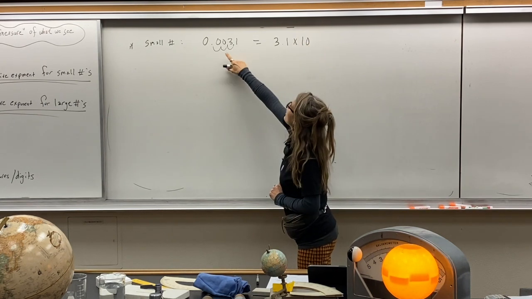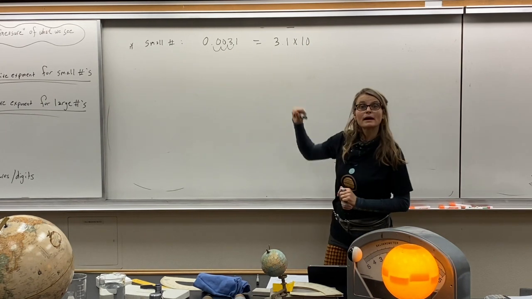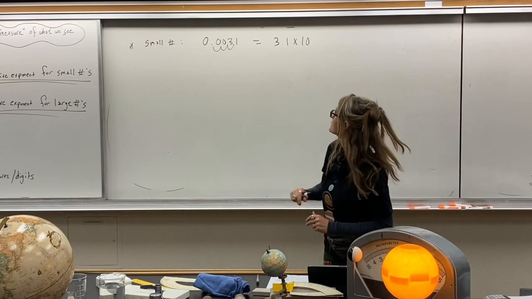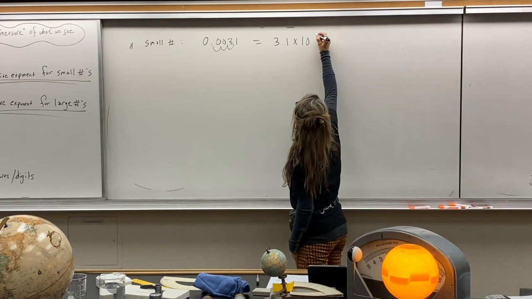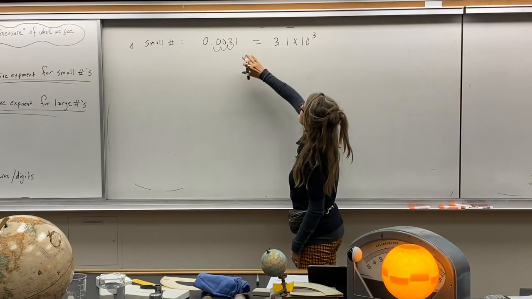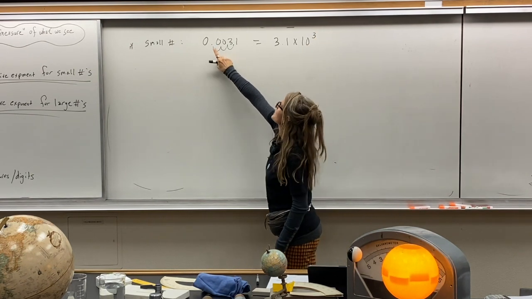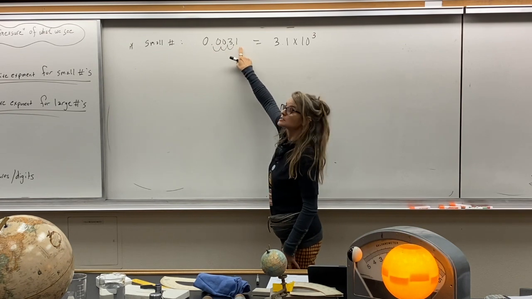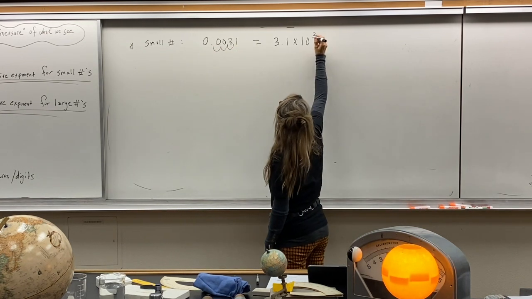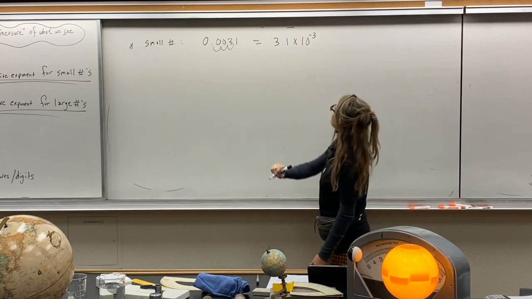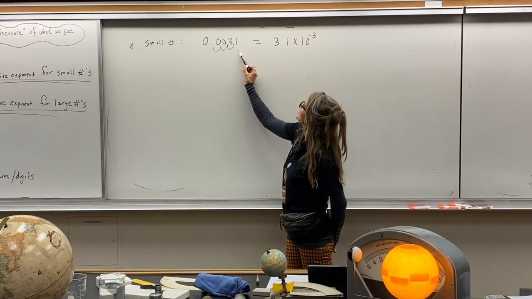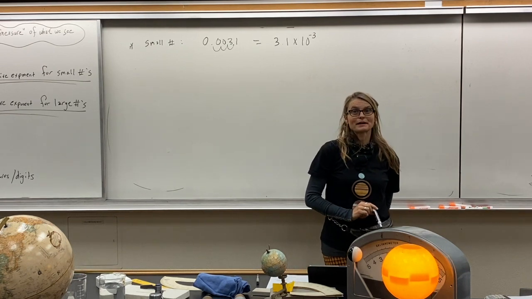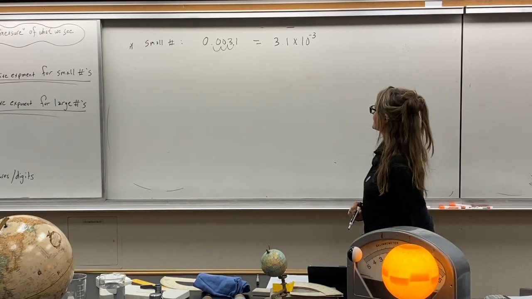And this is a small number that I made bigger by moving the decimal places by 1, 2, 3 spots. So it'll be times 10 to the 3. But since it's a small number and the original is digits behind the decimal, I will put a negative here. Okay? So that means it's 3 places in front of that 3. Okay, that's how I'd express that small number.